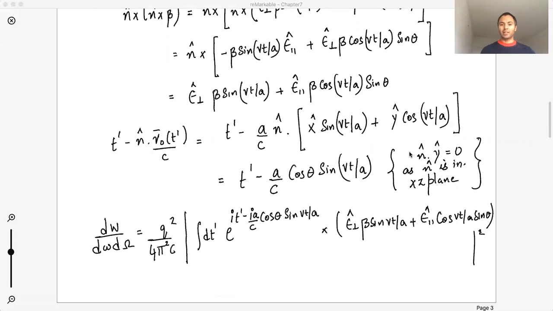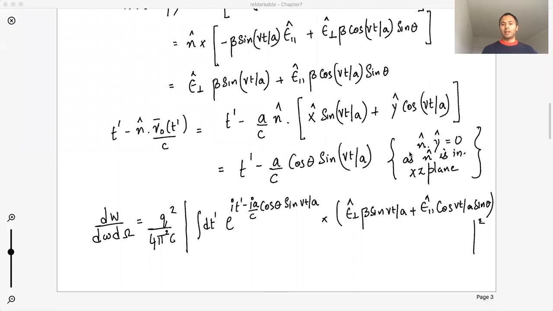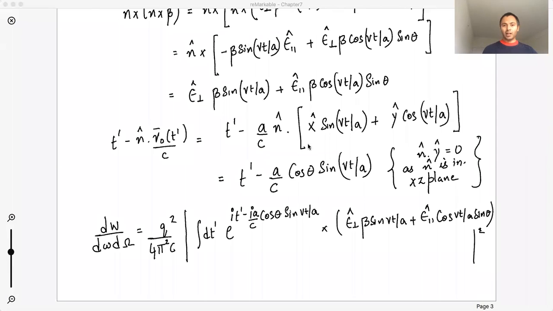So you know how to write that. And n dot x, and then n dot y is what you need to figure out. And n is in the xz plane, so n dot y goes to 0. So you're only left with n dot x. There's a cosine theta there in n dot x, because theta is the angle between the two vectors.